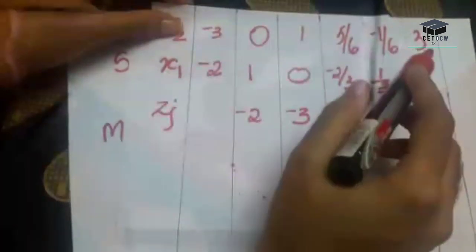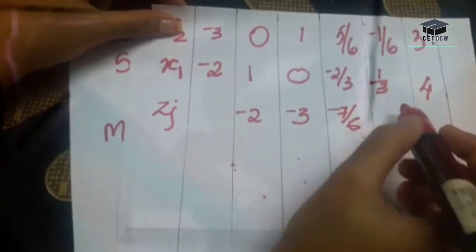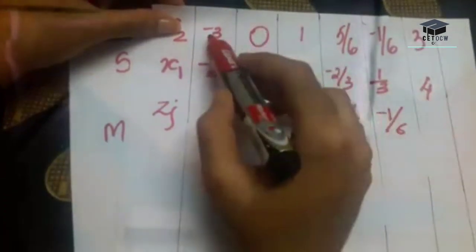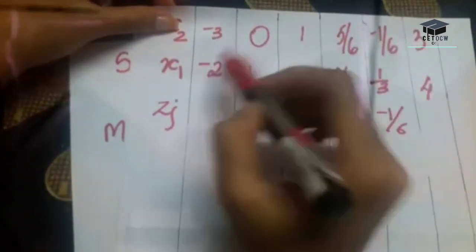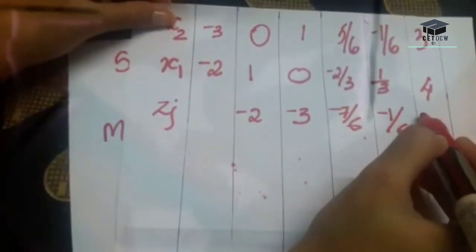Then minus 3 into minus 1 by 6 plus minus 2 into 1 by 3 will give you minus 1 by 6. Then finally minus 3 into 3 plus minus 2 into 4 will give you minus 9 plus minus 8, will give you minus 7.